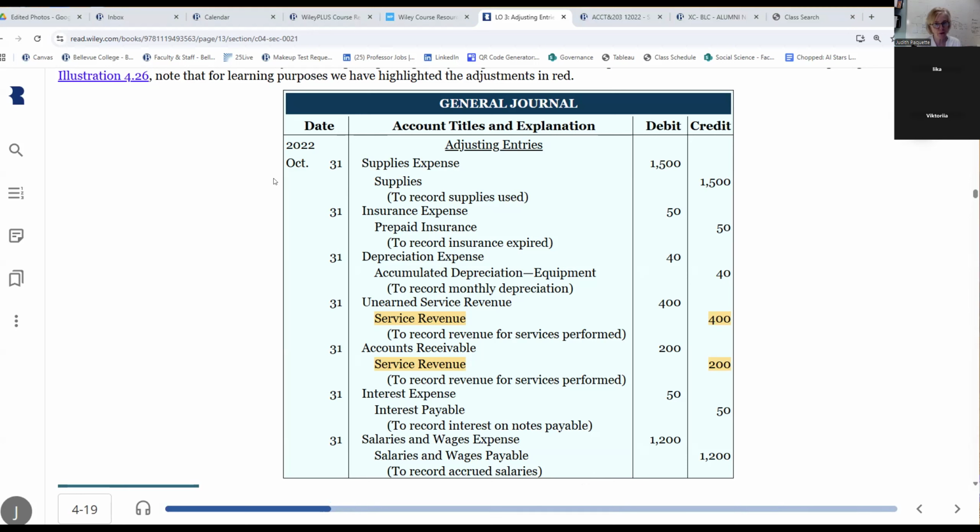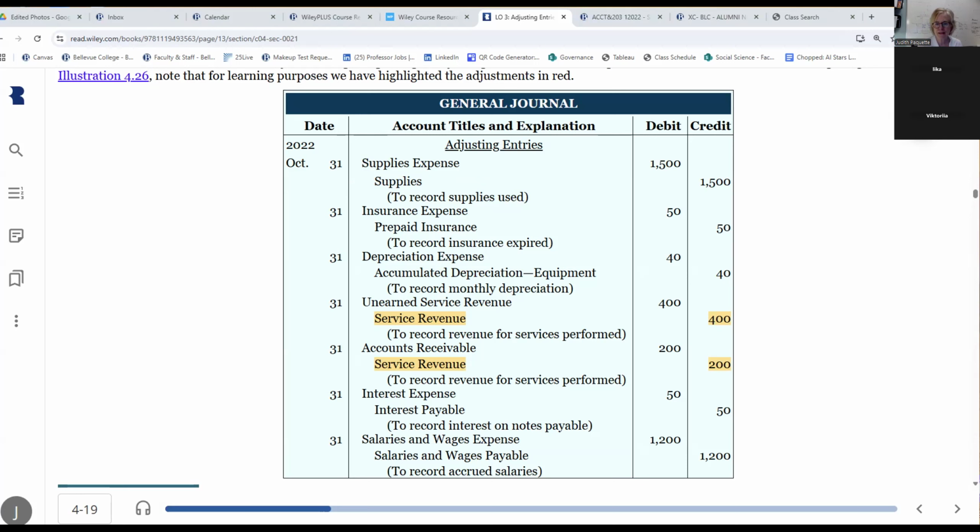You have to figure out the dollar amount, but this is the journal entry. So with your strategy when you take this exam, know the journal entry, you get half credit, and then work on the dollar amount. So if we're recognizing a supplies expense, we're saying this is how much supplies we used. We're increasing the expenses by 1,500. Then we go over to our accounting equation.